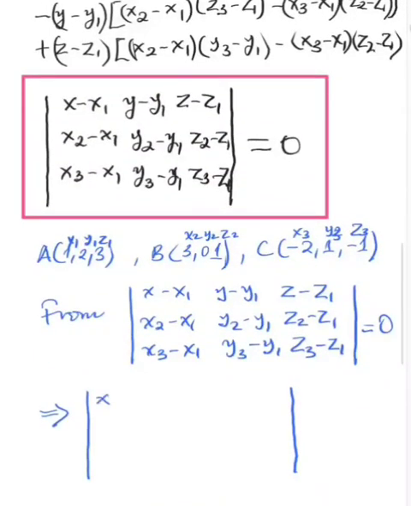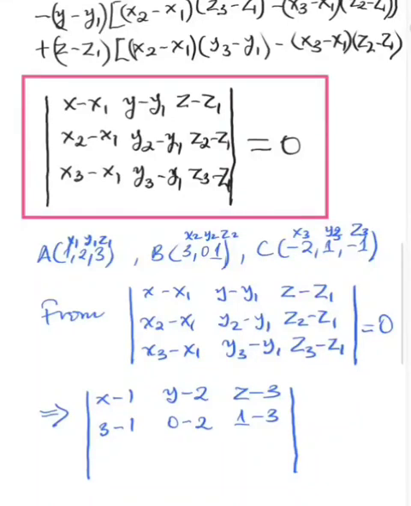So we just have the general x minus x1, and x1 is 1. We have y minus y1, and y1 is 2. Z minus z1, and z1 is 3. And then we have x2 minus x1, so x2 is 3 minus x1, which is 1. y2 minus y1, y2 is 0, and y1 is 2. Then we have z2 minus z1, z2 is 1, and z1 is 3.